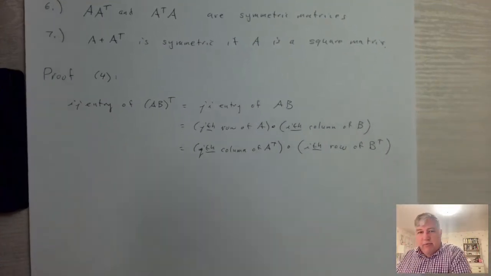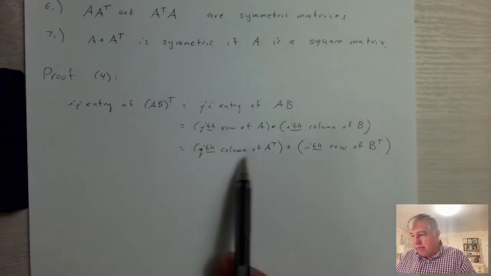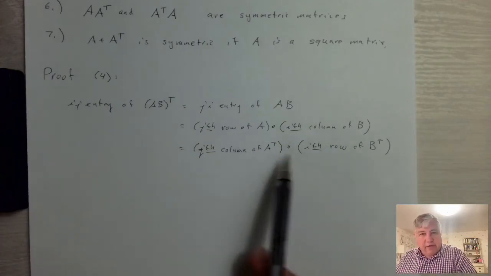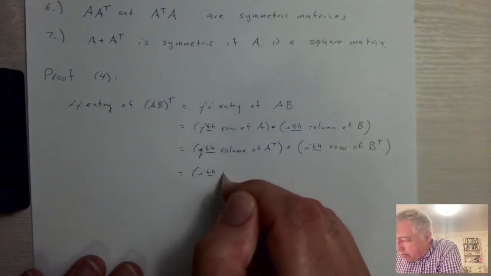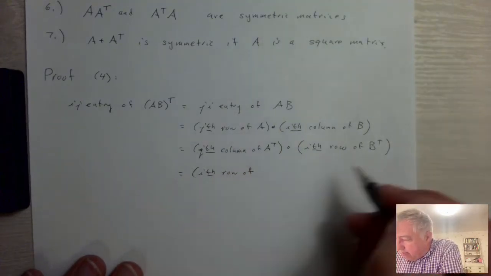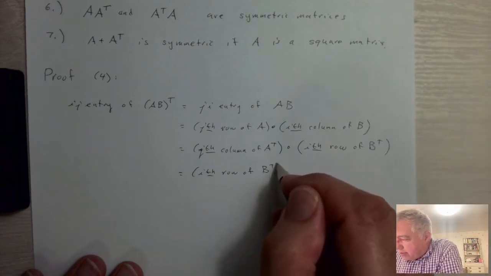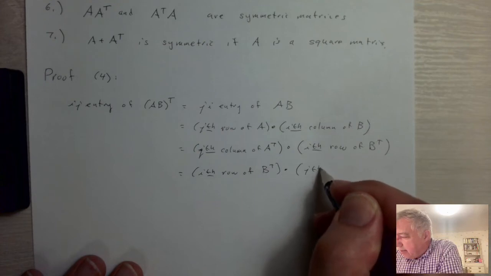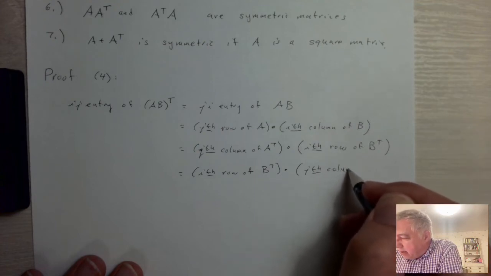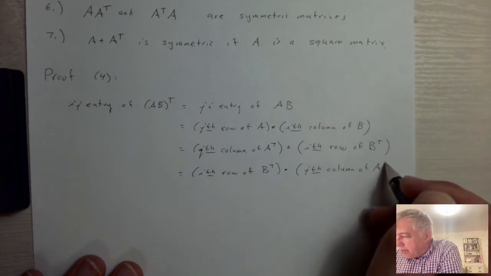And because we knew when we first learned about dot products, we can interchange the order of these. It doesn't matter. So this is the ith row of B transpose with the jth column of A transpose.